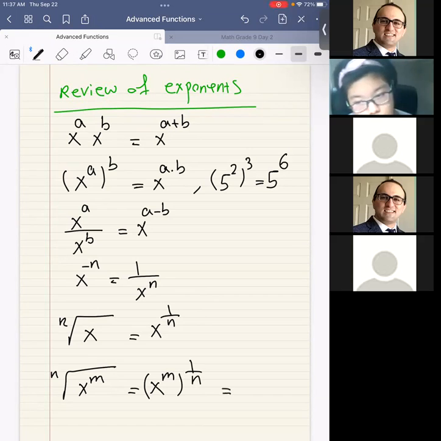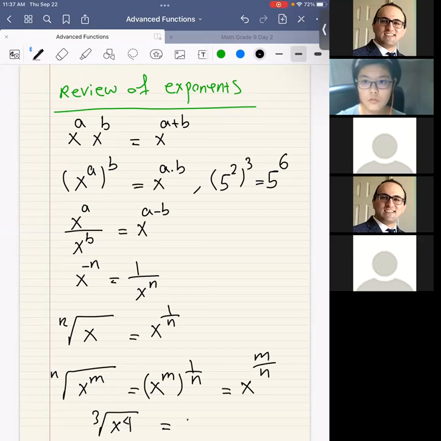Which is equal to x to the power m over n. For example, the cubic root of x to the power 4 would be equal to x to the power 4 over 3.